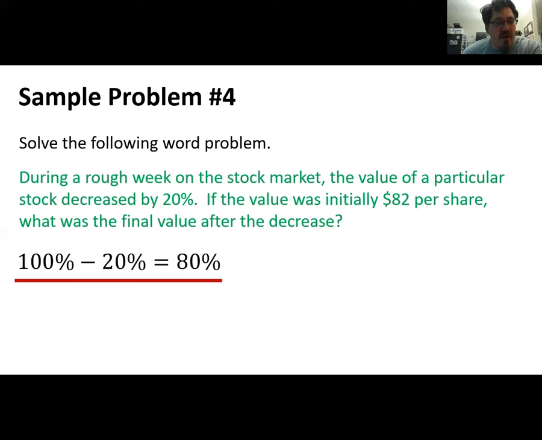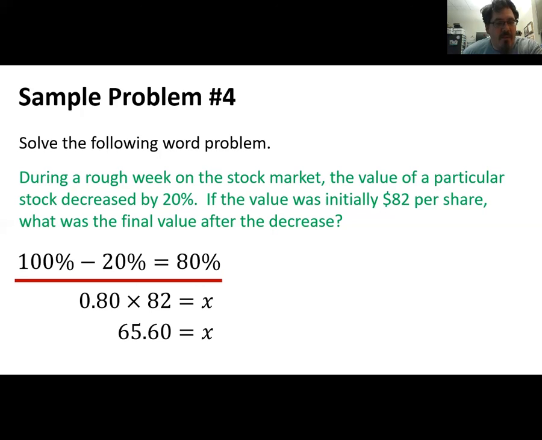So we're going to start with our 100% and subtract off the percent decrease. 100% minus 20% gets us 80%. That's the value we want to use in our equation. We always multiply our percent in decimal form times the original amount. The original amount was $82 per share. So we're going to take 0.80 times 82. And when we do that, we end up with an answer of 65.60.